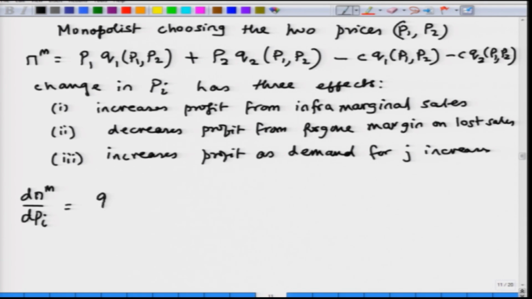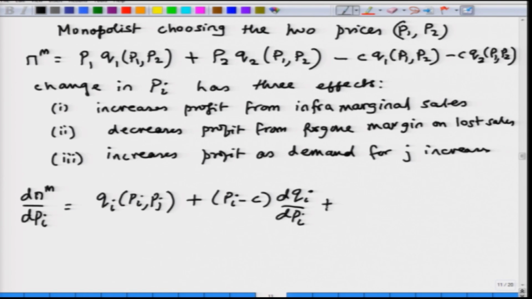I would have Qi of Pi, Pj, and if I were to simplify the expression, I would get (Pi minus C) dQi/dPi. So, if I split it and combine the expressions, 1 times dQi/dPi coming from here and then minus C dQi/dPi coming from there, plus I would have (Pj minus C) dQj/dPi, right, which must be equal to 0.